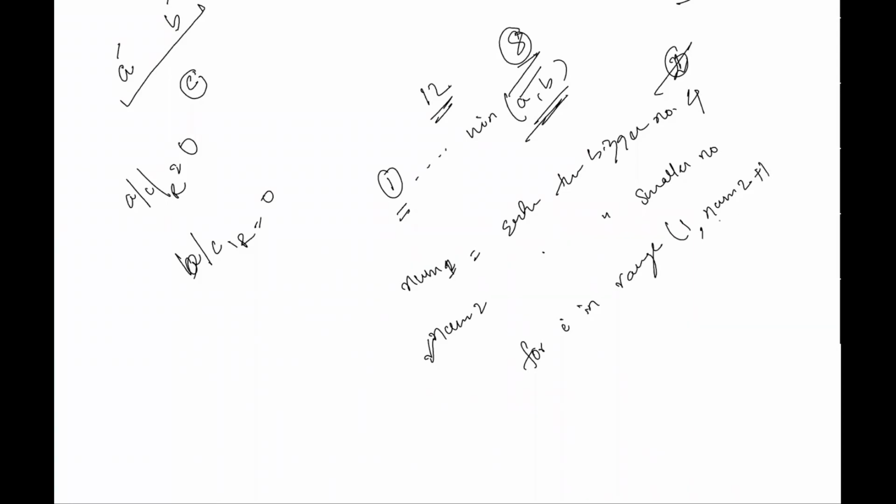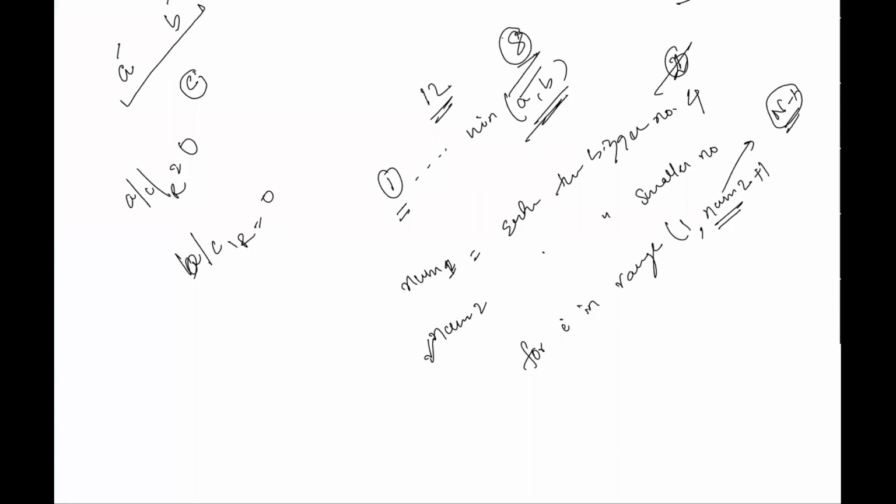Because if I just give number 2, the accepted values for this range will be 1 till num2 minus 1. Whatever comes here, the end index is always n minus 1. So n minus 1 will be included in your iteration. N itself will not be included, but I want to include n as well, right?